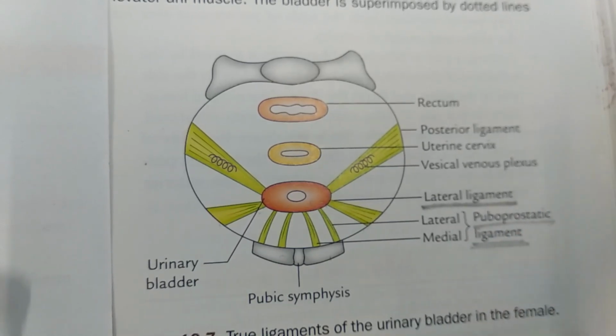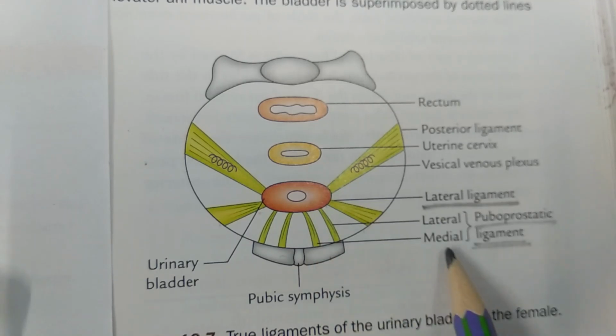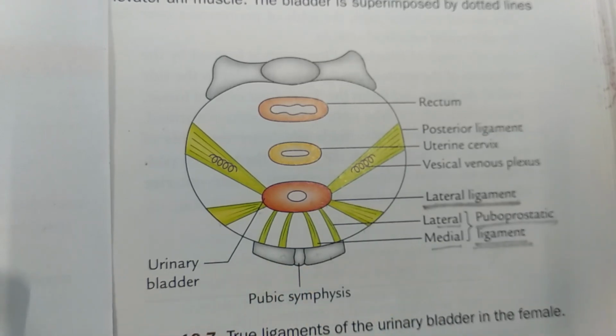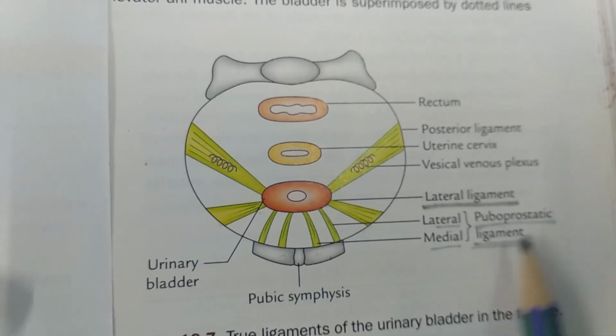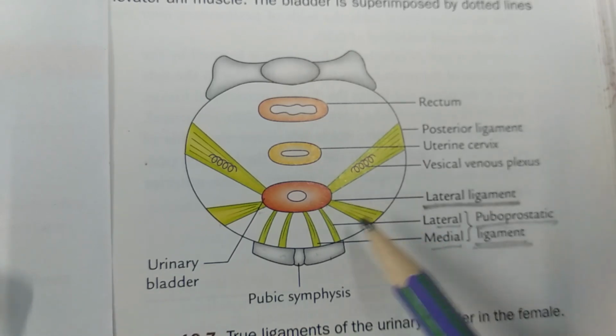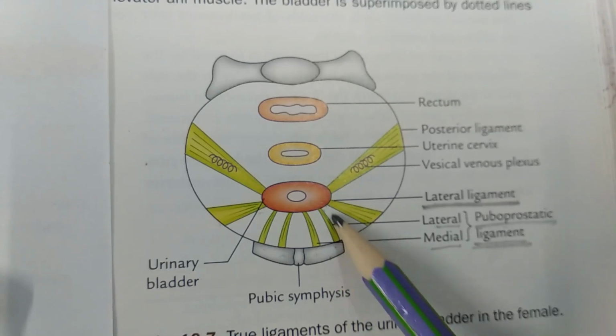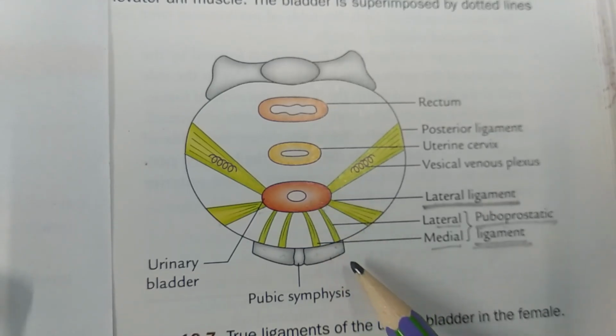Puboprostatic ligaments, according to their position, are medial and lateral. They are four in number, two on each side, one lateral and one medial on the right and left sides. Let's talk first about the lateral puboprostatic ligament. As the name suggests, it extends downward and medially from the anterior end of the tendinous arch of the pelvic fascia and blends with the upper part of the prostatic sheath.